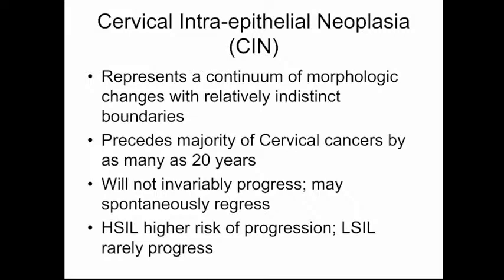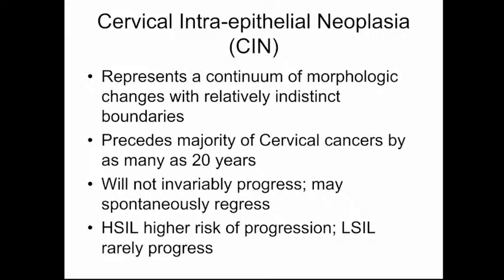And CIN precedes the majority of cervical cancers by as many as 20 years. It could be 5 years or less, particularly in the immunosuppressed, but in immunocompetent people, it's been shown by looking at historical material that it could be as many as 20 years from when they first have HPV infection up to the time they present with a CIN lesion.